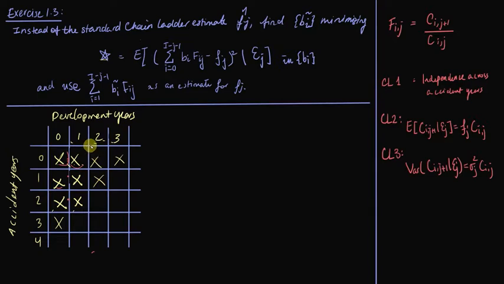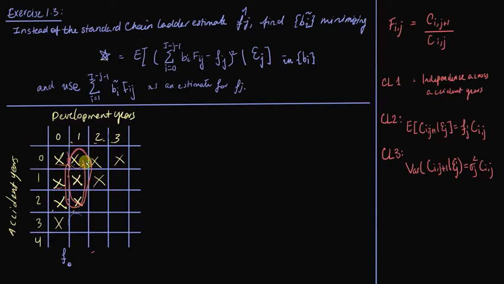So the typical chain ladder estimate is given as such for the estimation of the first coefficient f0. What we do is sum the claim sizes here.